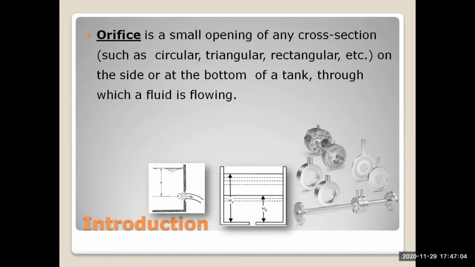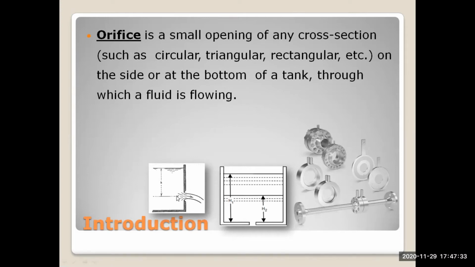The definition is: it is just a small opening of any cross section. It may be circular, triangular or rectangular. Here you can see the opening is provided at the bottom, whereas in the first figure the opening is provided on the side of the tank.